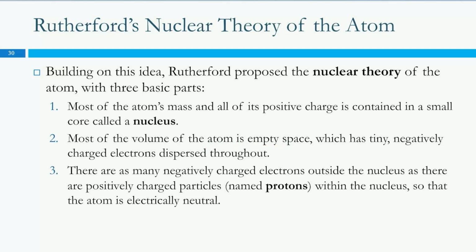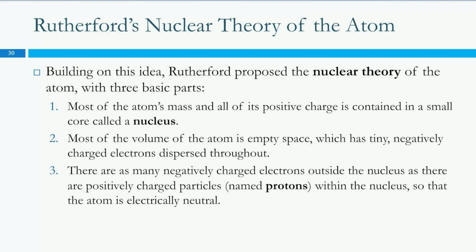We'll talk more about how they're spread out. And third, even for a neutral element, he was correct that there are as many negatively charged electrons outside the nucleus as there are positively charged particles, called protons, within the nucleus, so that an atom is electrically neutral.